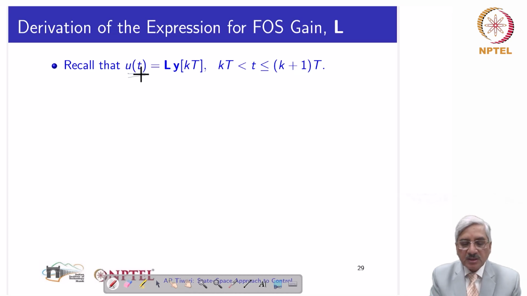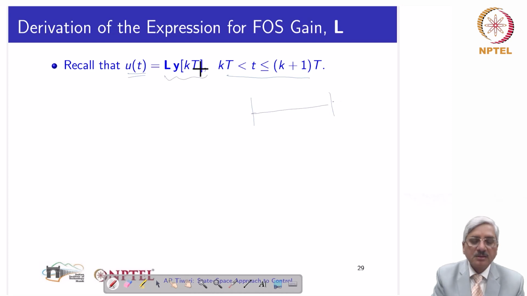The input u(t) between this interval, just after kt to (k+1)t. In this interval, the input is given by this boldface L into that stack of outputs collected during the interval here. This is where y(kt) was corrected. This boldface y, multiplying L, is the input to be applied just after kt to (k+1)t. That is u(t).